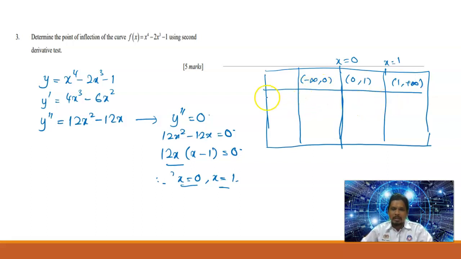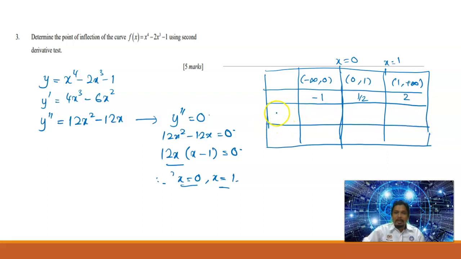Just think of any value of x that lies in each range. To make our life easier, let's choose x equal to negative 1. Between 0 and 1, let's choose a half, and for the last one, 2. So f double prime, which is y double prime, is 12x squared minus 12x.